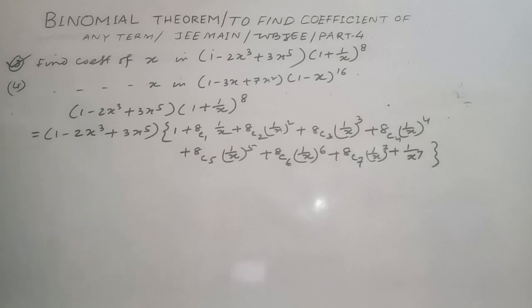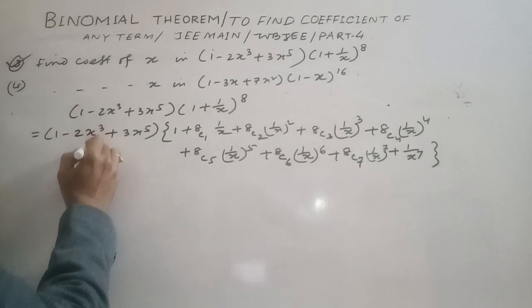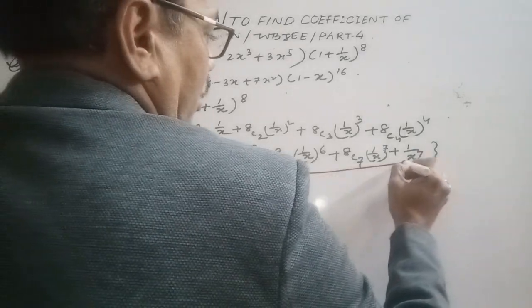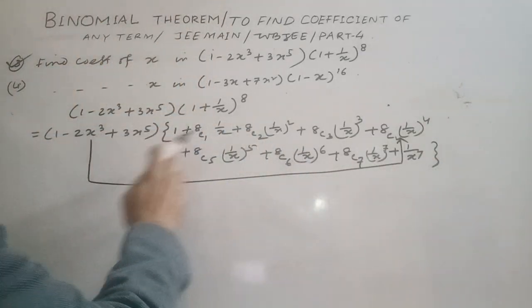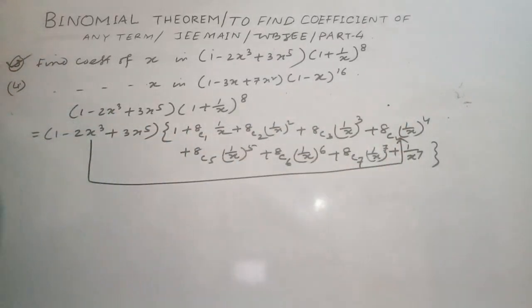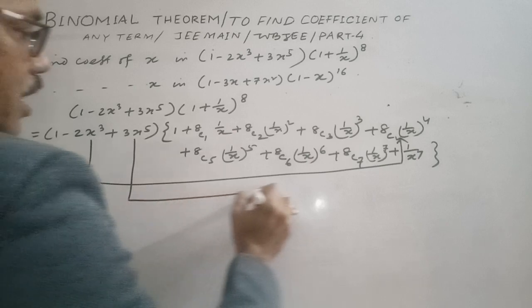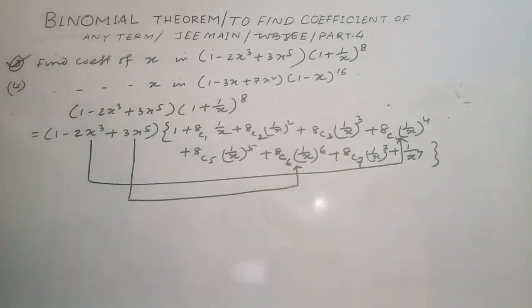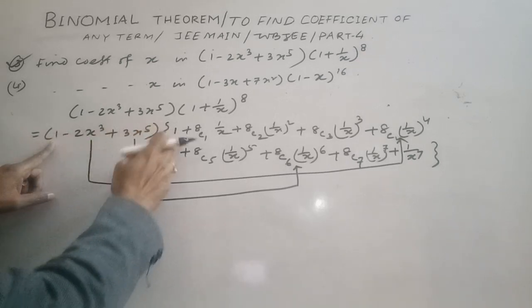Now this is to be noted. We need coefficient of x. So look, when 2x cube is multiplied by 1 by x to the power 4, we get 1 by x. Now 3x to the power 5, when it is multiplied by 1 by x to the power 6, we get x. And 1 multiplied by x, we get x.